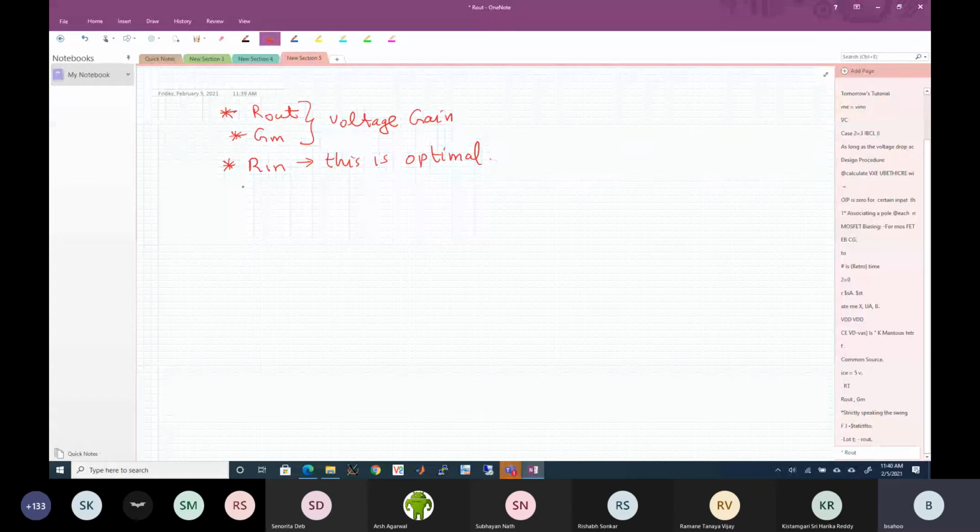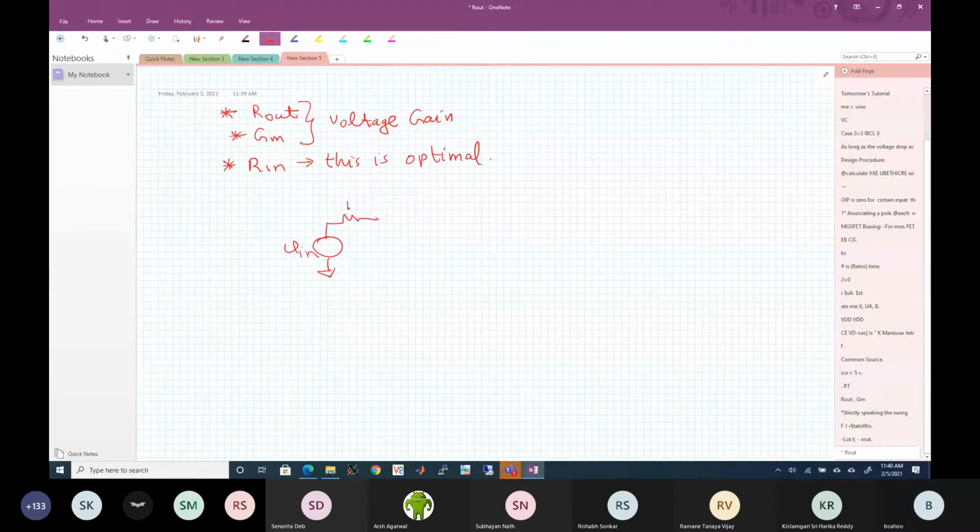Keep in mind, I am not saying that this has to be maximum. Optimal could be maximum, depending on the amplifier we are trying to design.